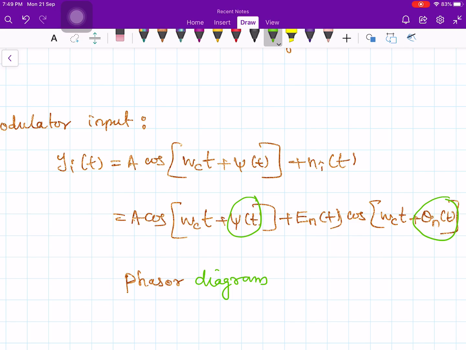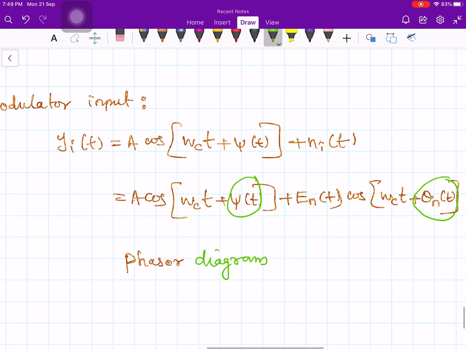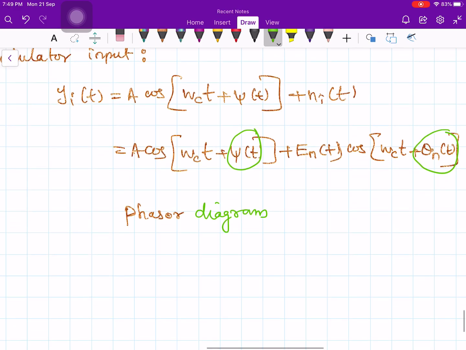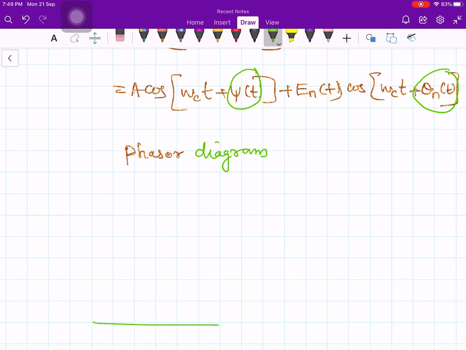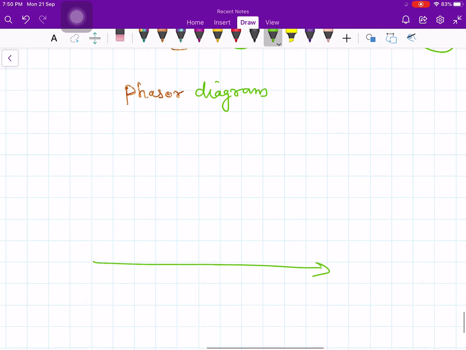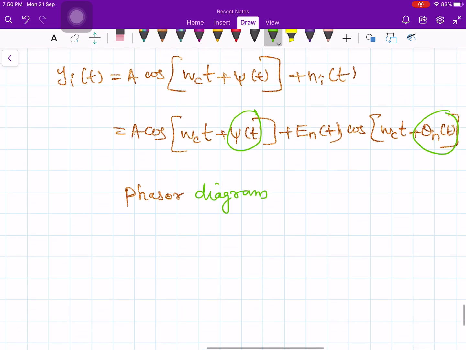Okay, let's remember the basic points now. Let's say this is my reference point. Let me put a reference axis, the reference phasor. At some time instant t, what is the instantaneous carrier phase? It is omega c t plus psi of t, at some time instant, let's say t1.